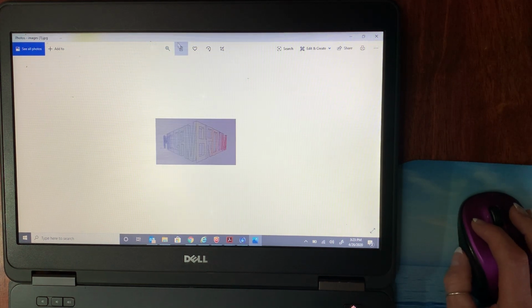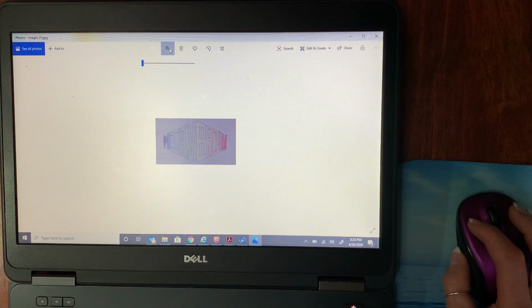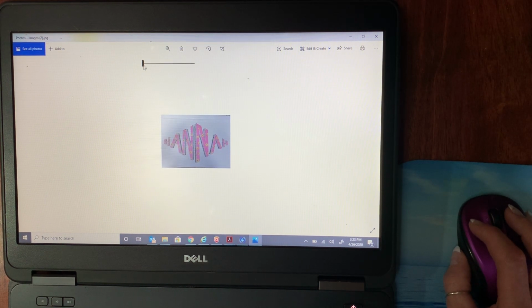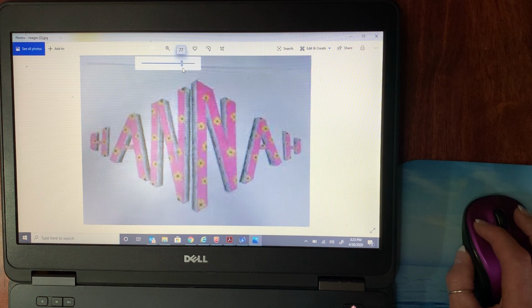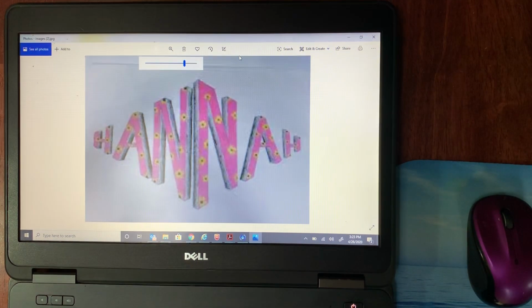And mine again, and this one. And there's one with a pattern on her letters. Those are just a few of the examples.